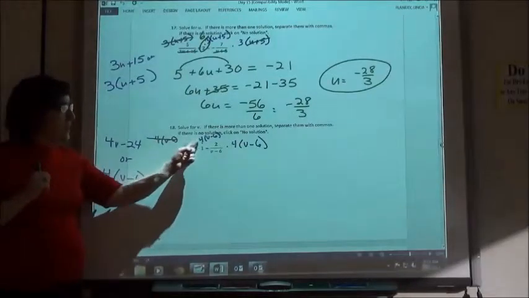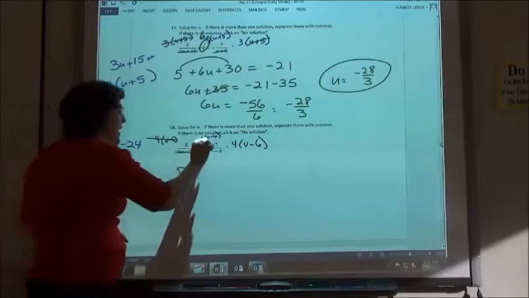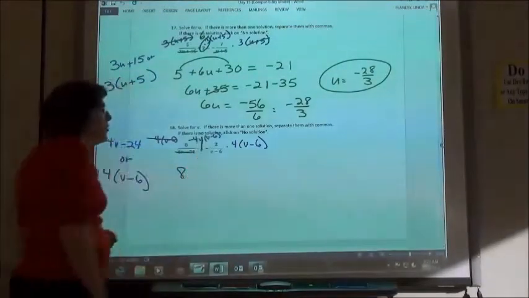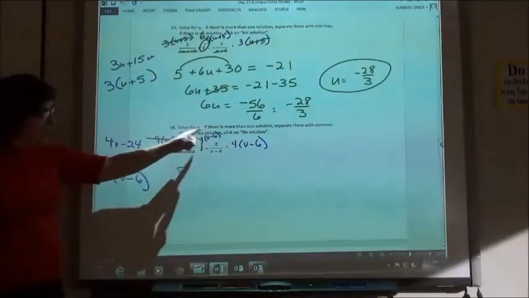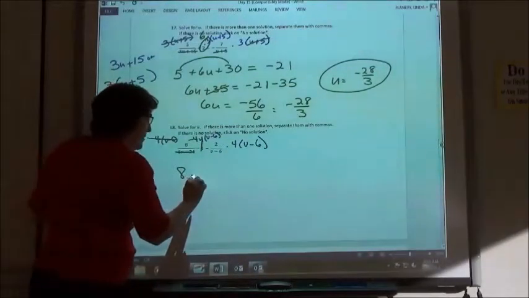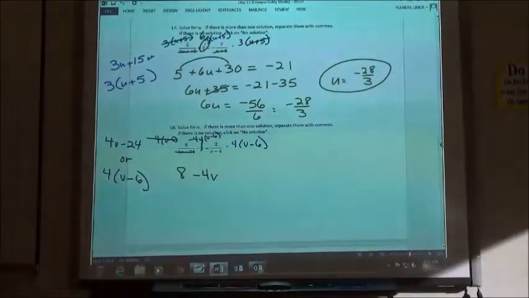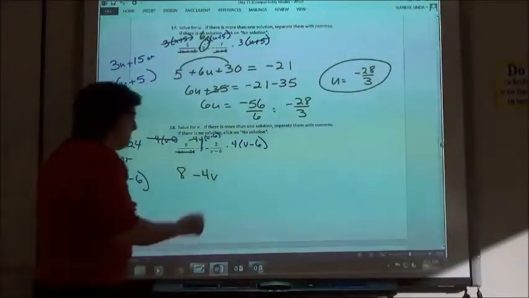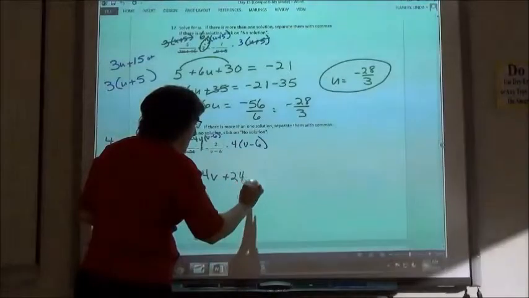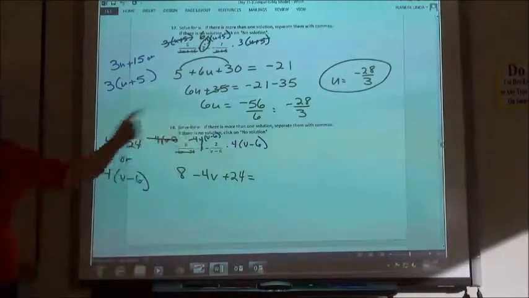First thing we're going to do is multiply those front numbers, right? So negative 1 times 4 is negative 4, and then I'm going to use my distributive property. So negative 4 times the v minus 6 would give me negative 4v minus 24. Negative times the negative is going to give me positive 24. Okay, so you got to watch what that sign is in front because that'll make a difference.